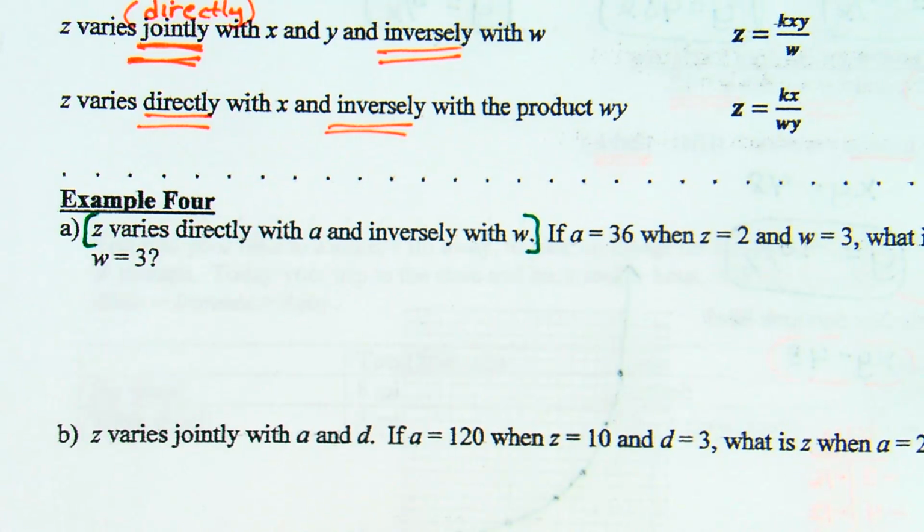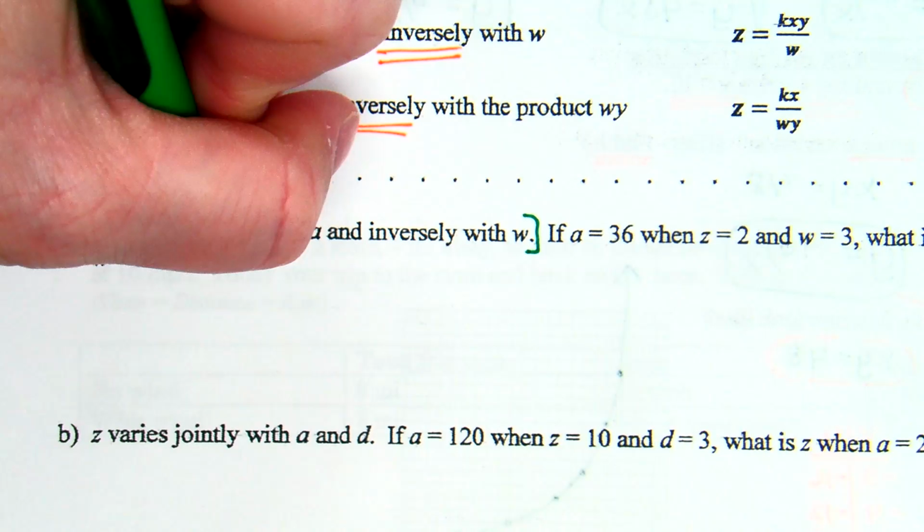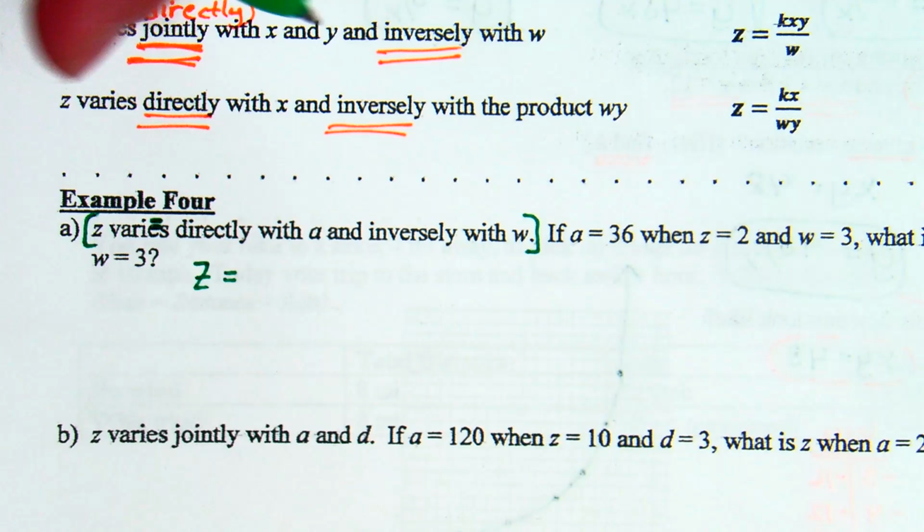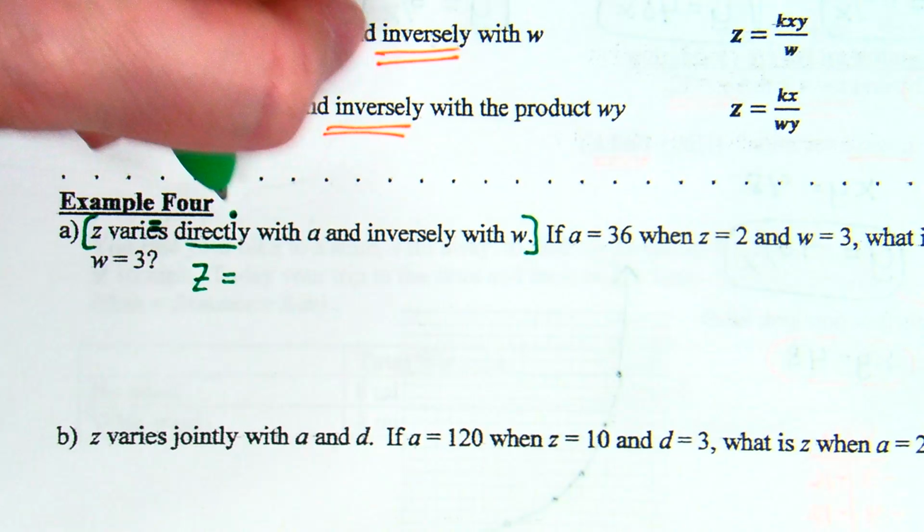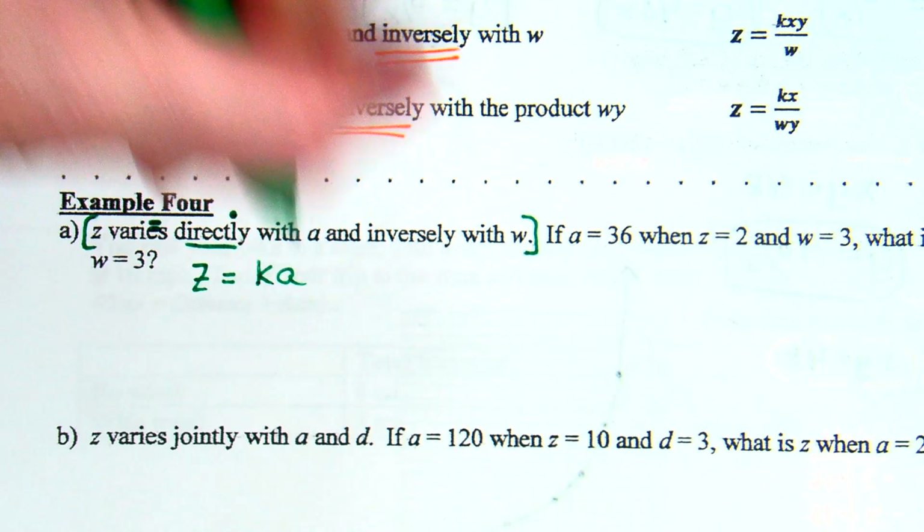Divide. So divided by W. That's the equation to guide this whole problem. Are you okay with how I got that? Z varies, so z equals directly with A, so it's K times A. Inversely with W basically means it's divided by W, but we already have the K there.